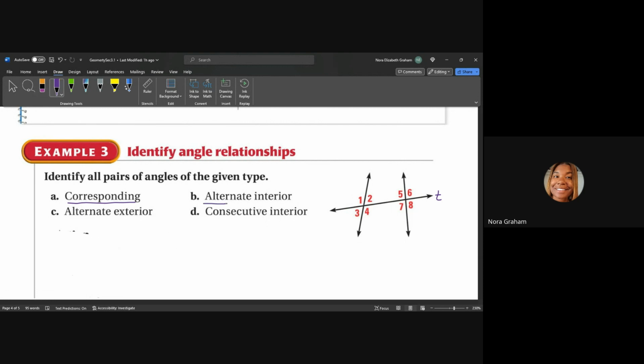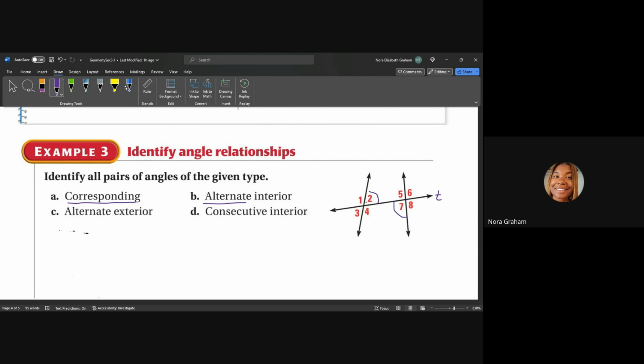What would be my alternate interior angles? Remember, alternate means other side of my transversal, and interior means inside of these two coplanar lines. So I would say 2 is inside, and 7 is inside, and they are alternate to my transversal.